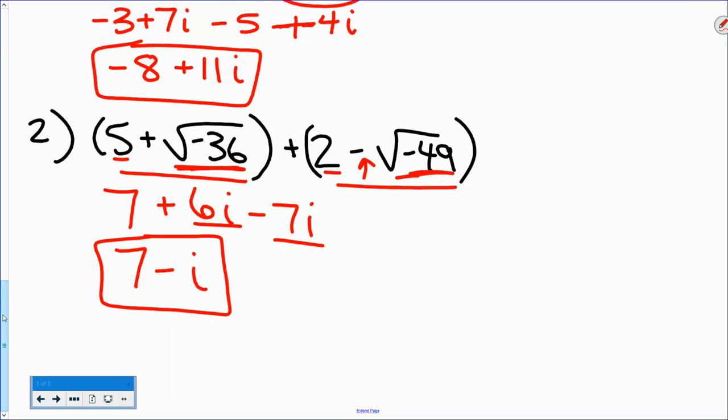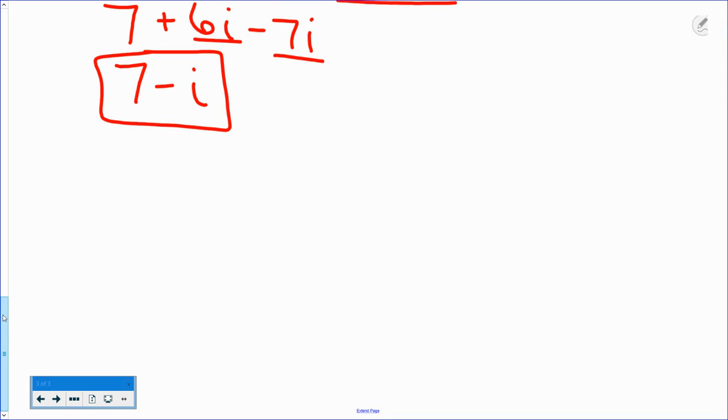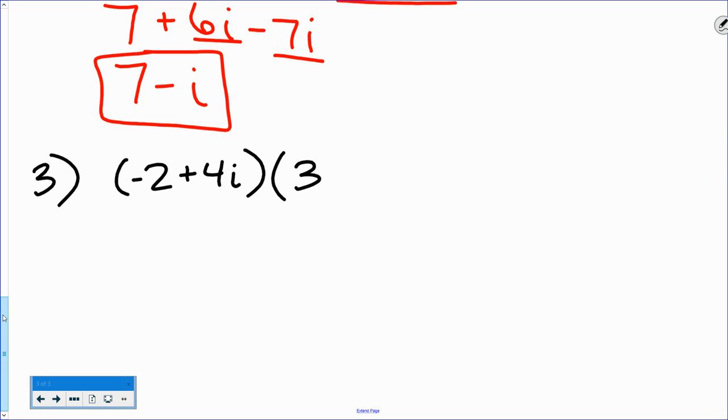Okay? All right, let's look at multiplying. So negative 2 plus 4i times 3 minus i. If there is no symbol in between, that means we are multiplying.